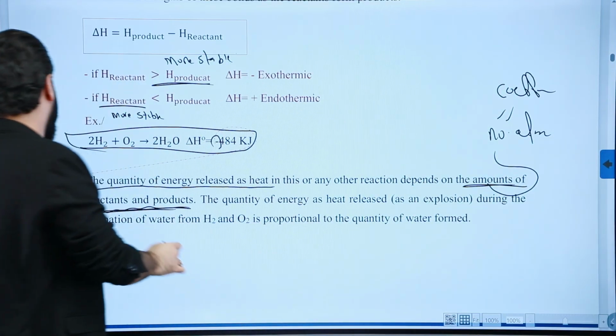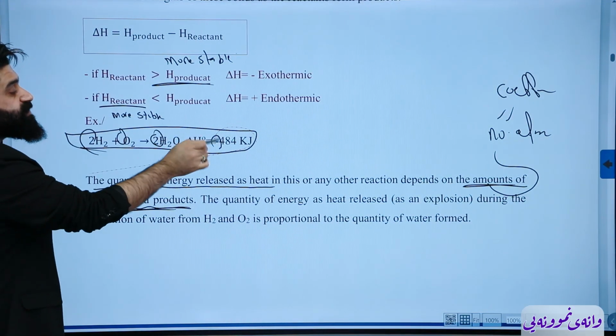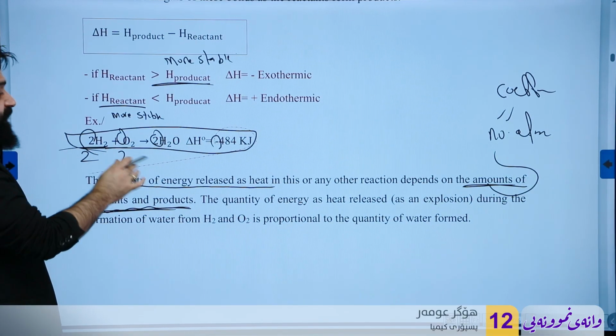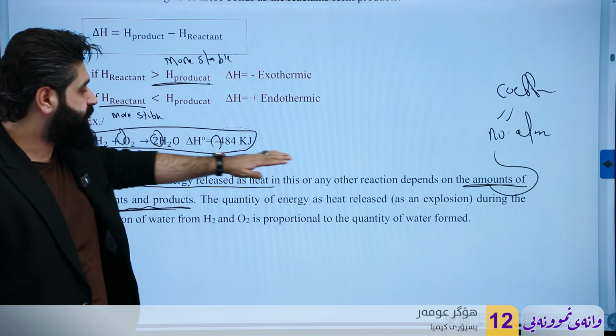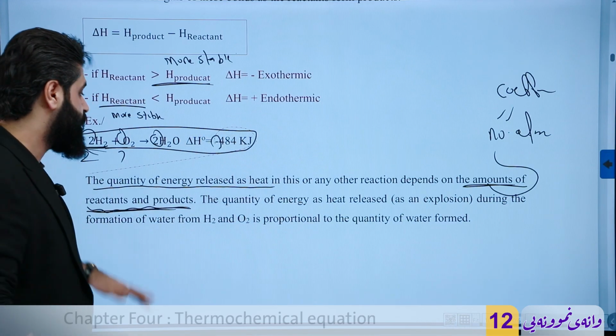Okay? It means if I double the coefficients, the amount of energy must be doubled. If I decrease the coefficients to half, the amount of the energy of reaction must be decreased to half. Good.